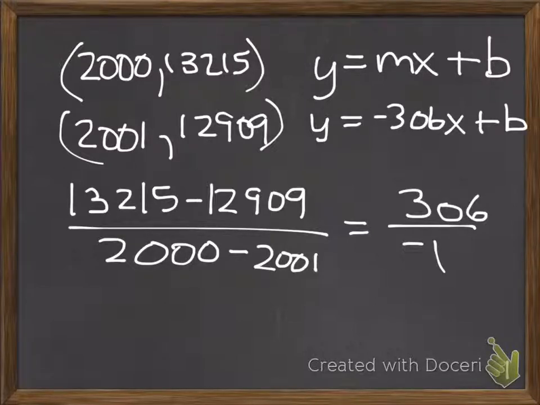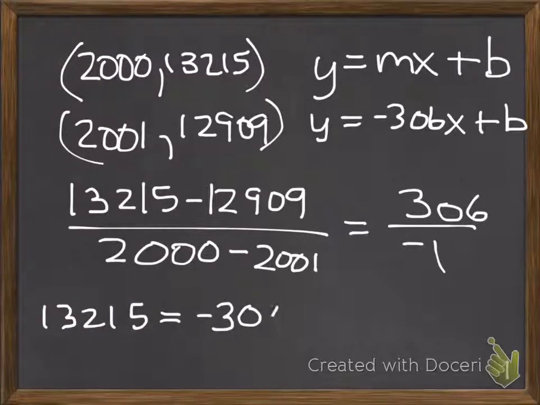Now, to finish our equation, again, we've already done something like this before. Remember, we take a point, either one of the points we used to find the slope, and we plug in the y-coordinate for y and the x-coordinate for x to solve for b. So let's pick our first point. Doesn't really matter, but y goes in for y. X goes in for x, and I'm going to solve.